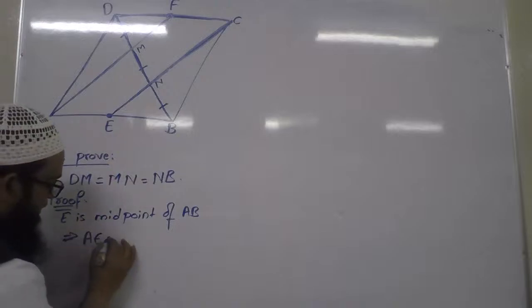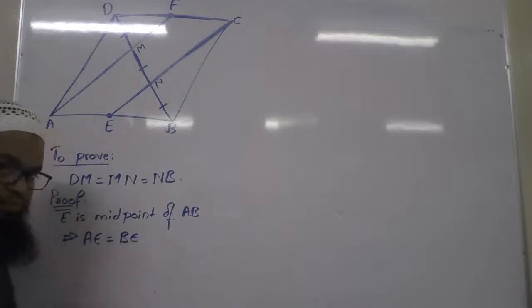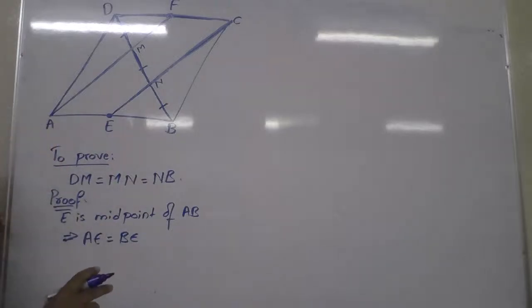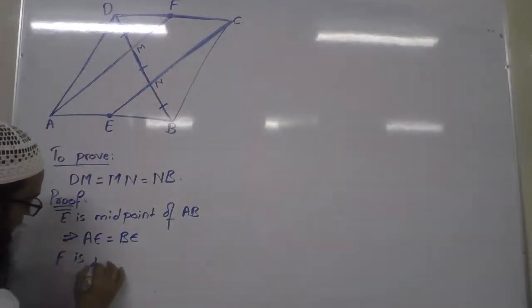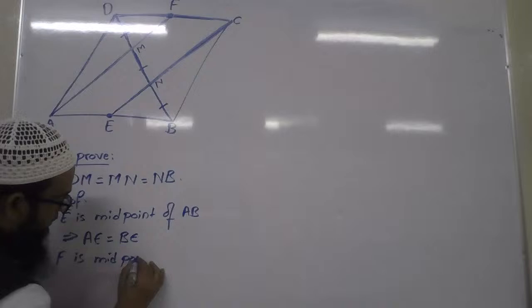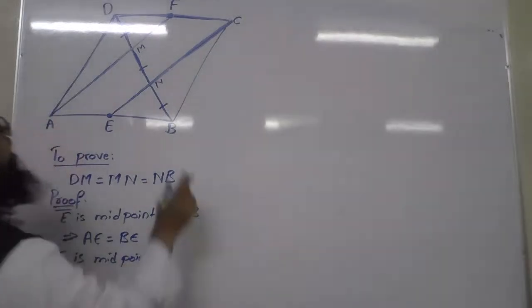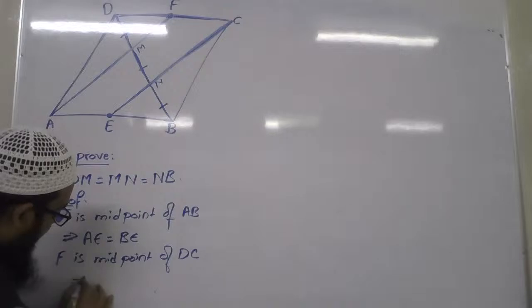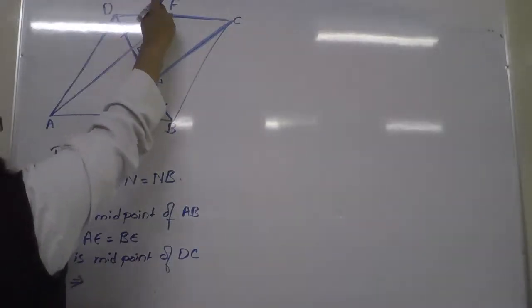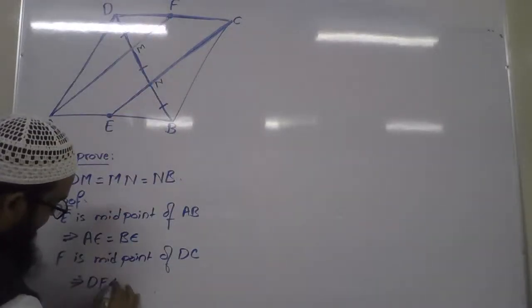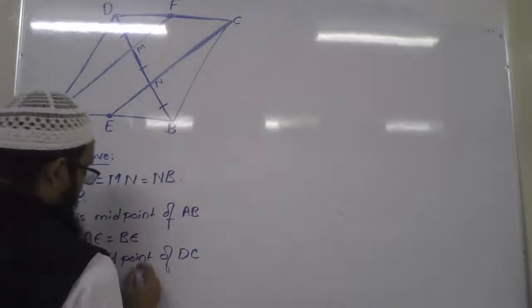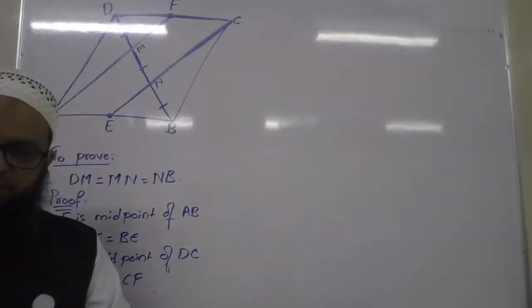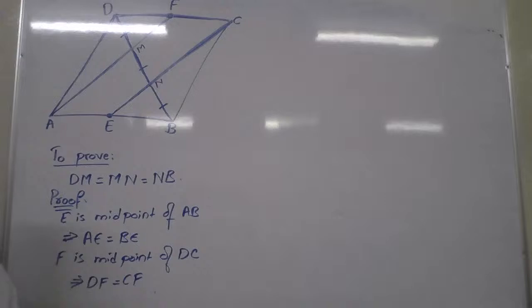In the same way, F is midpoint of DC. That implies DF is equal to CF. Okay, so now what happens, sir? DF is equal to CF, that is right.